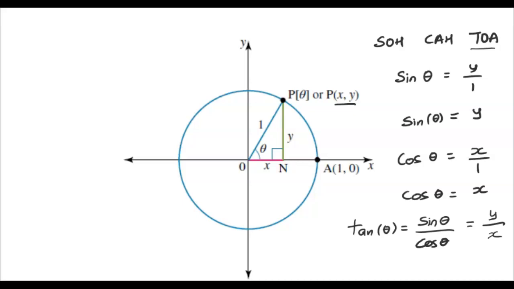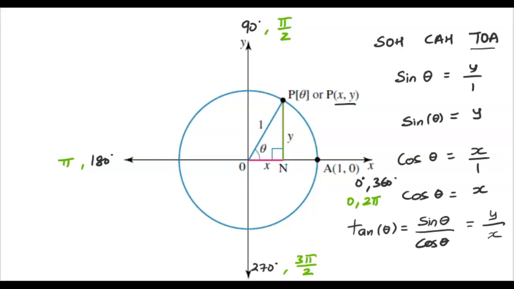Now there are a couple of other things I want to point out in this case. I'm just going to quickly write down my angles again: 0 degrees, 360, 90, 180, 270 degrees, and again I'm going to write them in radians as well: 0 radians, 2 pi radians, pi over 2, pi, and 3 pi over 2.